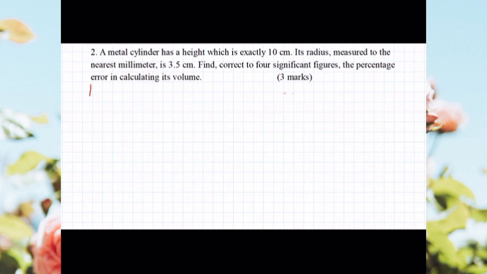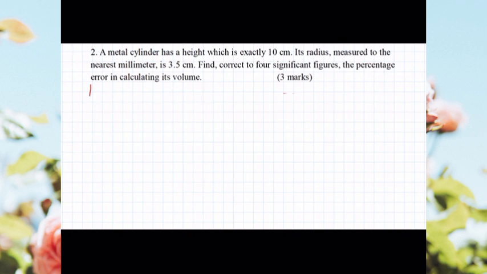In our second question, a metal cylinder has a height which is exactly 10 centimeters. Its radius, measured to the nearest millimeter, is 3.5 centimeters. Find, correct to 4 significant figures, the percentage error in calculating its volume. So here we want the error in the volume.